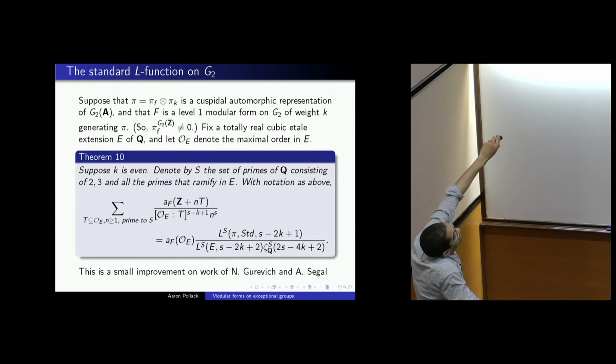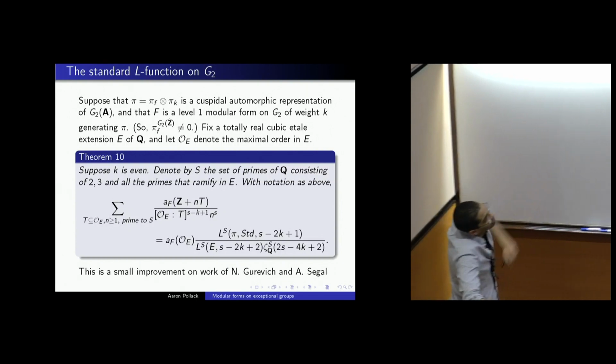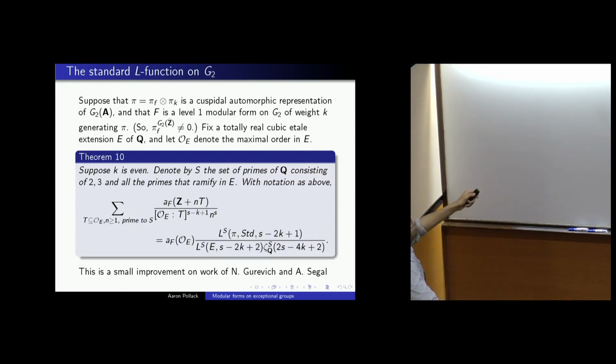If K is even, so an even weight modular form, and you take the primes S that consist of 2, 3, and all the primes that ramify in E, then on the left-hand side you can form this Dirichlet series in terms of the Fourier coefficients of this modular form.